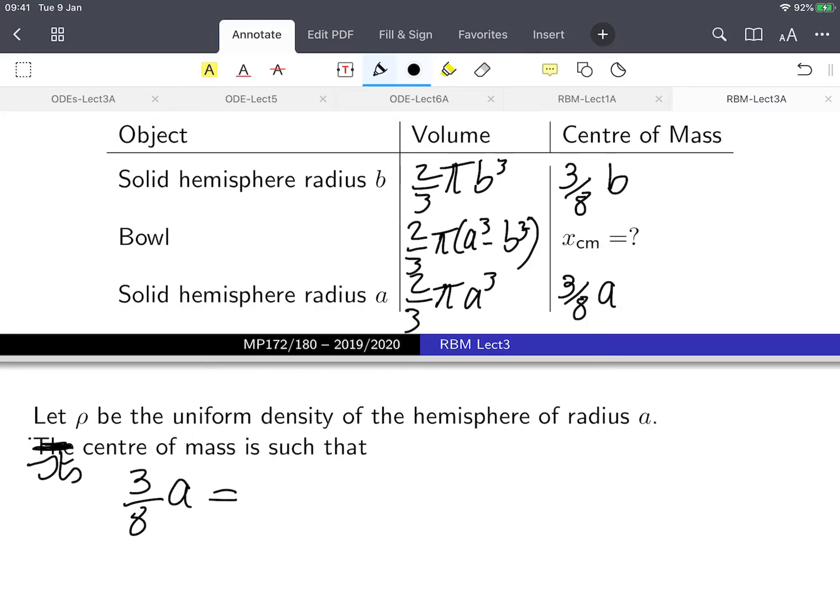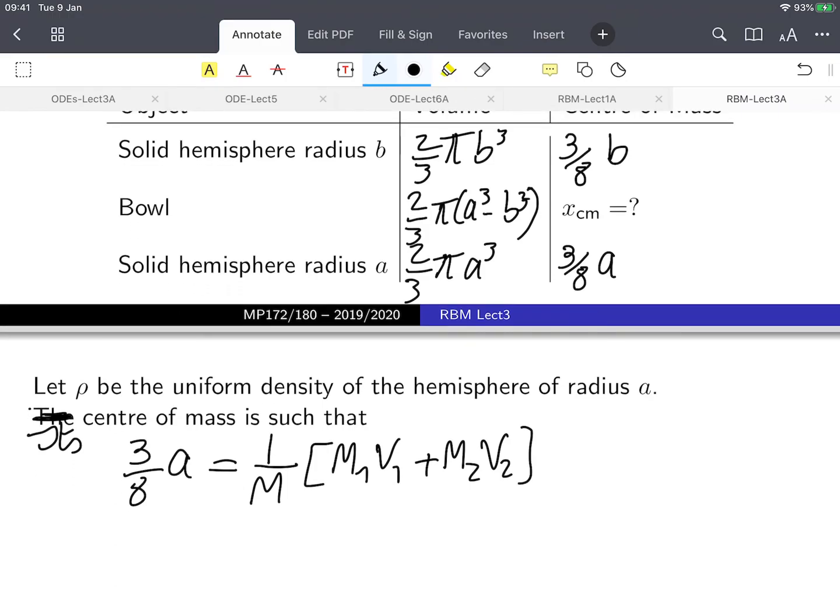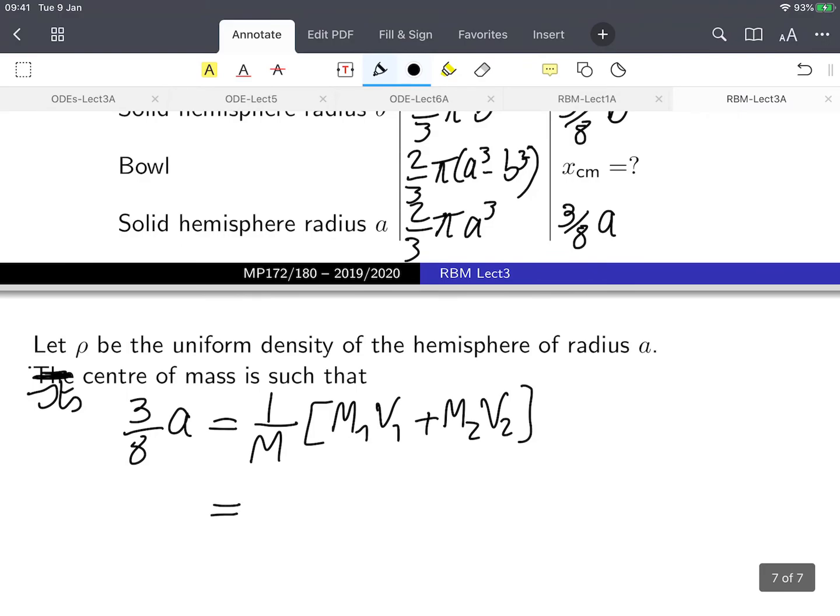All right, so I'm going to write that the position of the center of mass, I have it above there, the last line of the table for the hemisphere of radius A is 1/M, so I just write the formula, and I know M is going to be rho V. V is 2/3 pi A cubed, I know M1 is going to be rho V1.